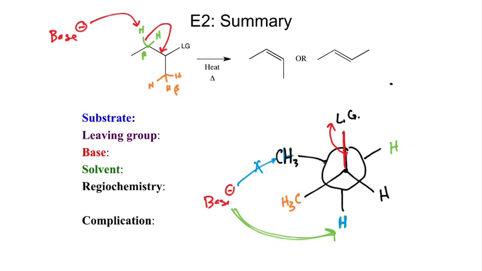Ignore the color on those arrows. Our base can come in, remove the hydrogen, and the electrons swing in to make the double bond. Now where are the CH3s? They're on the same side, that's producing that product. Why would I expect the trans over the cis?